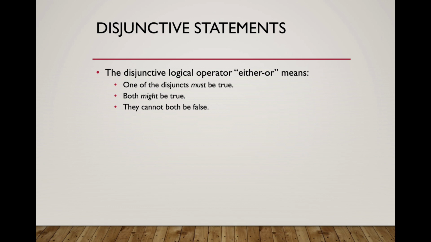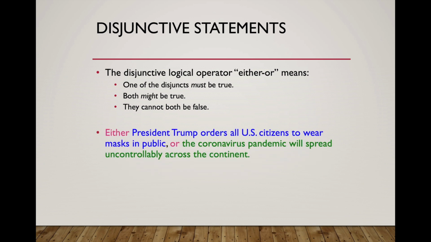So with an either-or statement, what we know is one of the disjuncts must be true. They could both be true. They cannot both be false. And that should tell you something about which of the forms of disjunctive arguments is valid and which is invalid. Because just like with conditionals, you need more information, and that more information is provided by the second premise.